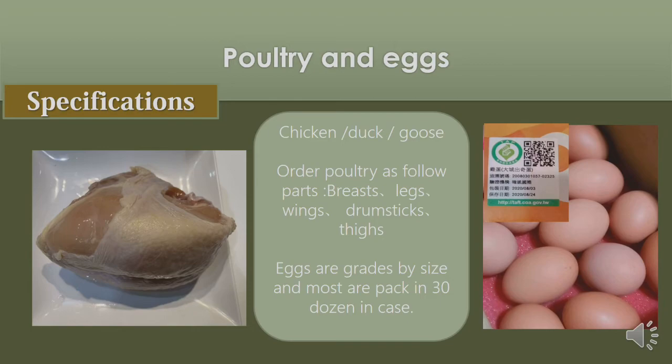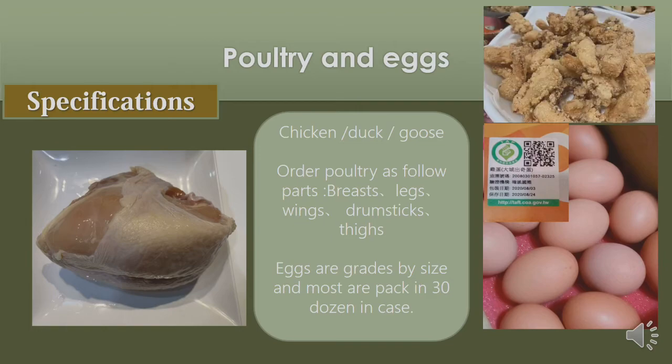But for families or households, if you go to the supermarkets, you can choose 10 in a pack or even a dozen in a pack. So it depends on you. Even Taiwan's eggs have different colors. Some are white, yellow, and some are green as well.